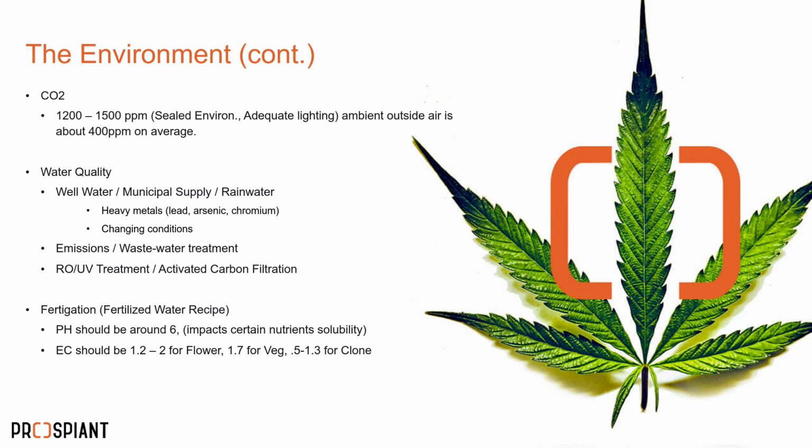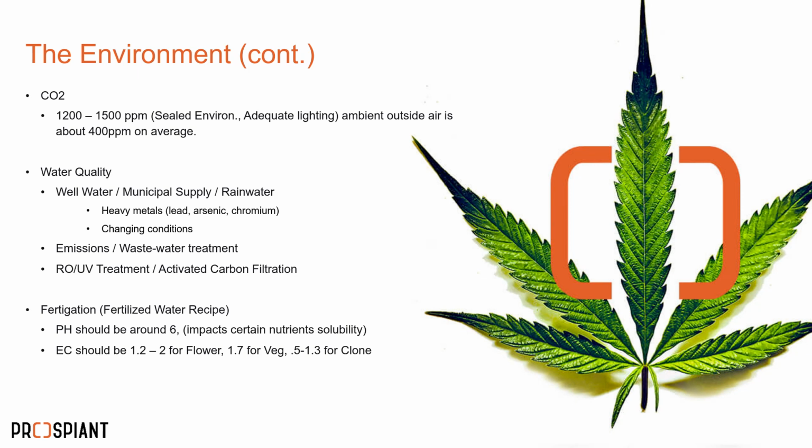Then they mix in their nutrients and check the EC. The EC is the electrical conductivity, which relates to the ability of the plant to soak up those nutrients through the water. It makes the nutrients flow into the plant roots better.